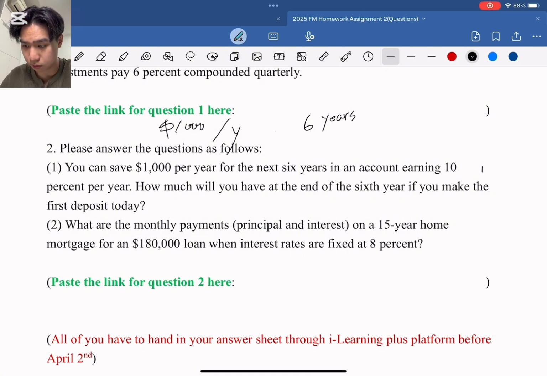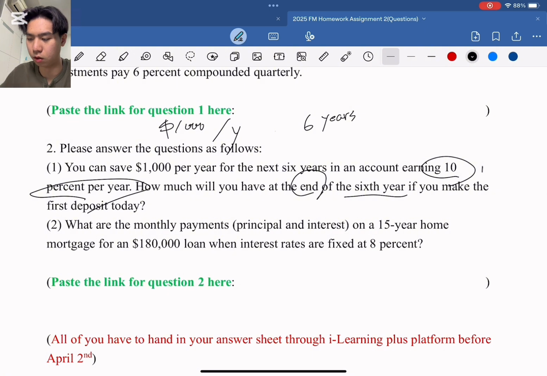Account 10% per year, very high. At the end of the 6 years, first year deposit.